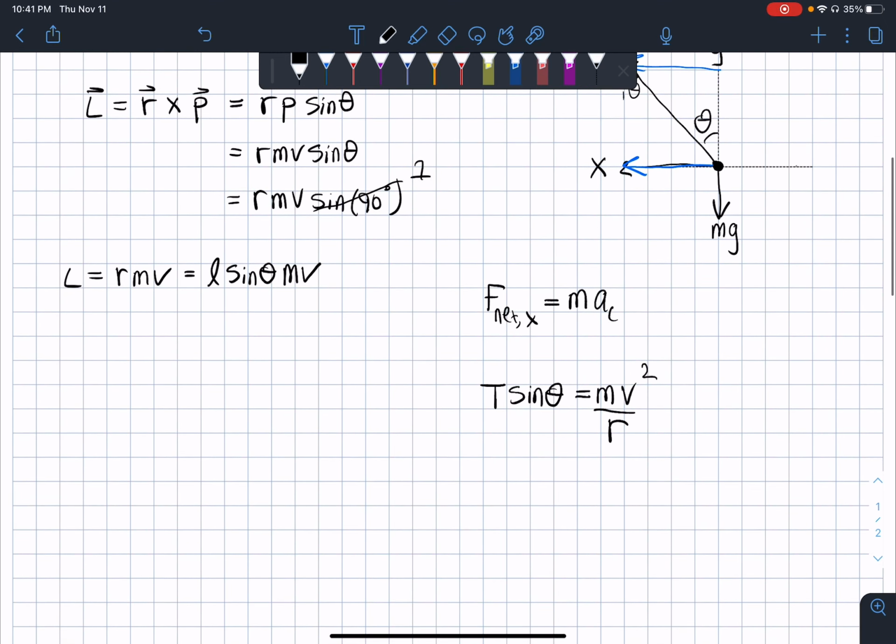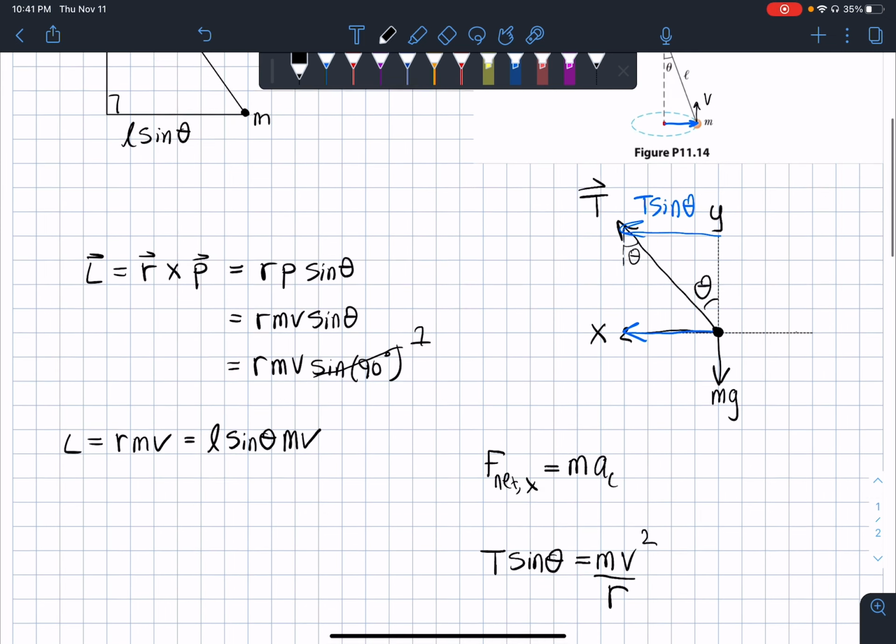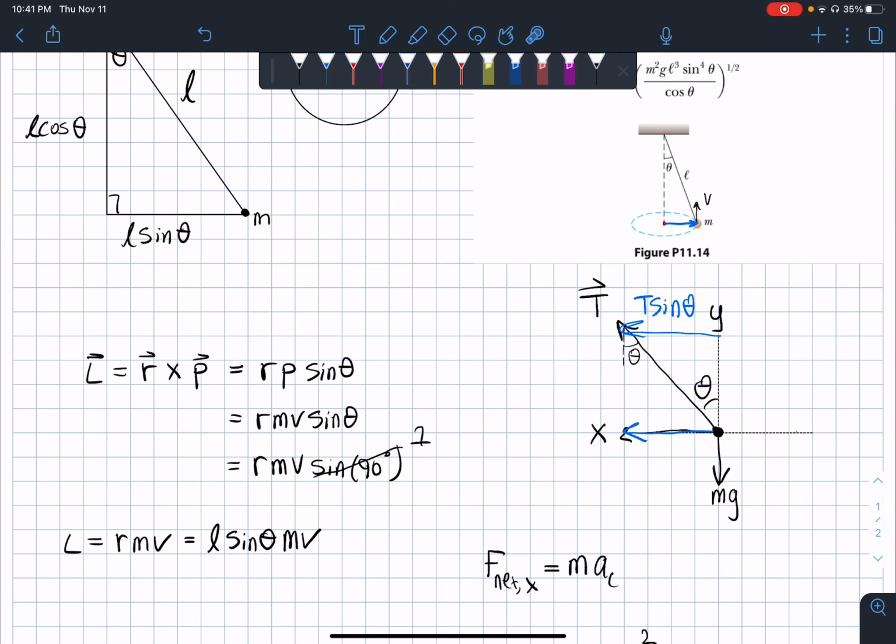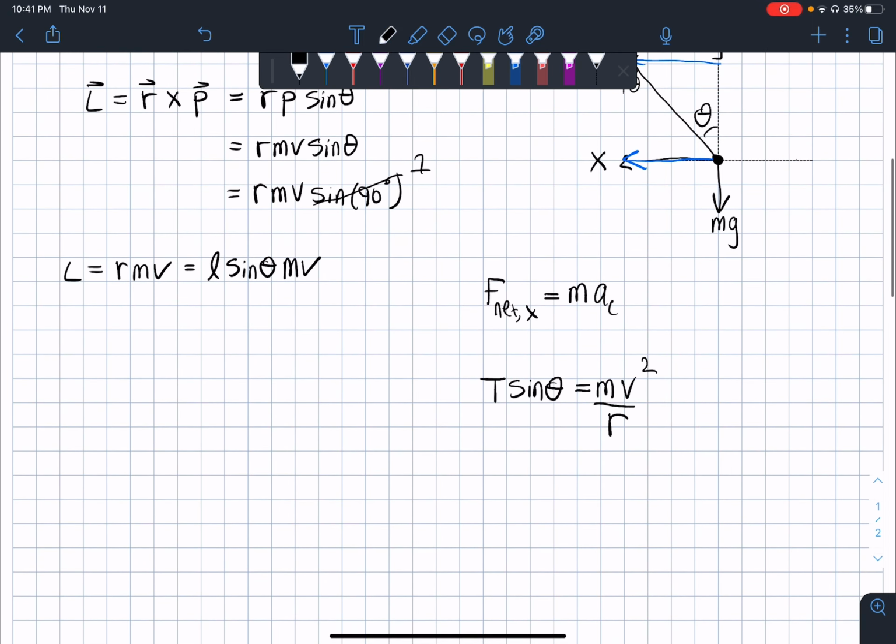Well, this r down here is just the radius of the circle, which again, like up here, is just L sine theta. So I'm going to substitute that in. So T sine theta equals mv squared divided by, oops, not r, L sine theta.